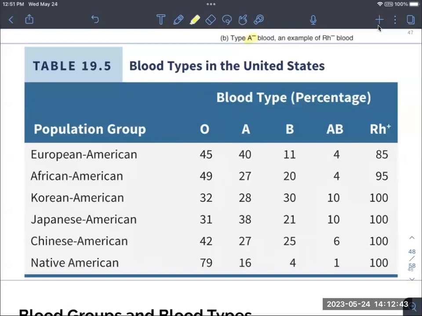It's very interesting to see the most common blood type is usually O. A is usually second, then B, AB, and then how many have positive? Or is that Rh factor? Just another kind of antigen and antibody that would be in our blood.